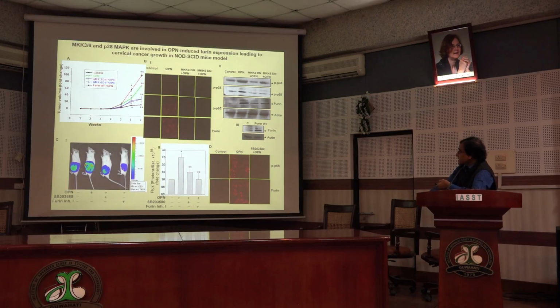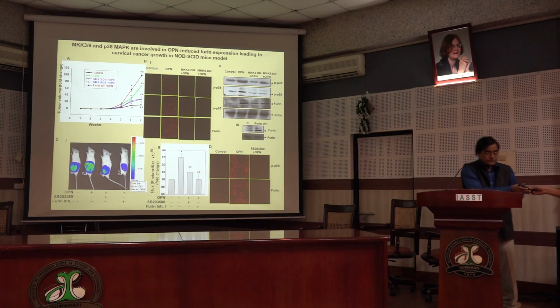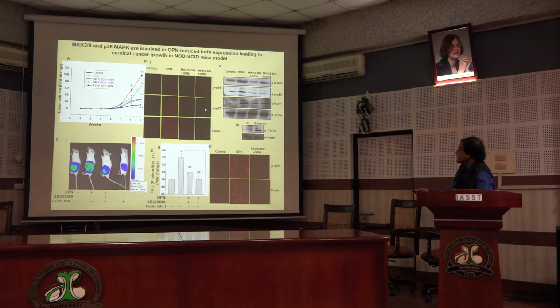So we have quantified this based on its software and represented it here, and also we subsequently analyzed the tumor volume and tumor size, and from this tumor we also analyzed by immunohistochemistry and fluorescence the expression of P38 MAPK, phospho-NF kappa B p65, and furin.